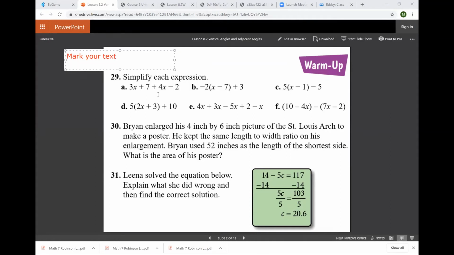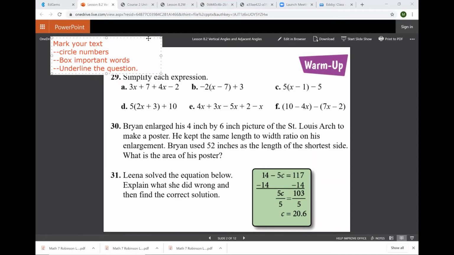Okay, so we circled numbers, box important words, and we underline the question. So mark your text, circle numbers, box important words, underline the question. You remember how to do this. So let's get it done.